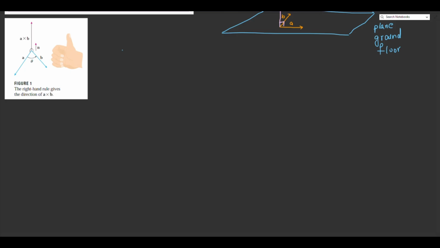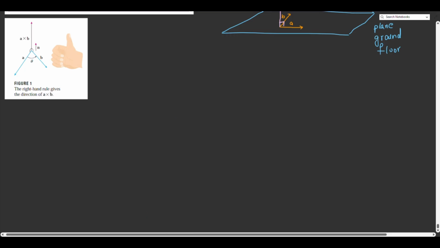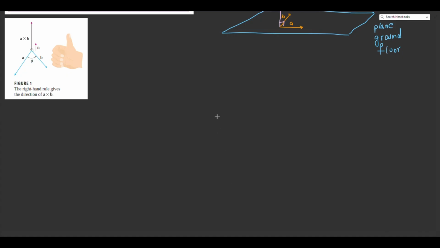One where we multiply the components of each vector and then take their sum, and the second was defined as we multiply the magnitude of both vectors, and then that product is multiplied with the cosine of the angle between them. So similarly here we have another definition for A cross B.